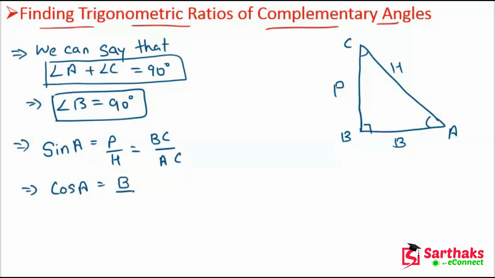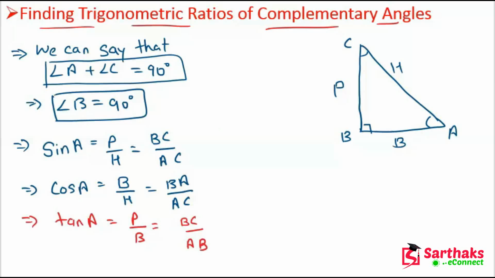Cos A is base upon hypotenuse, which is equal to BA divided by AC. Tan A is perpendicular upon base, which is BC upon AB. These are very important ratios, as you know.